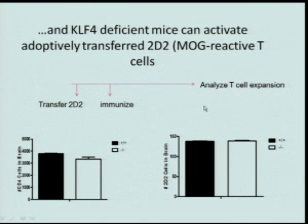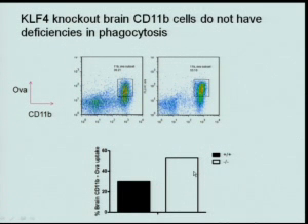This removes the variable that both the APCs and the T cells were knockout in the previous experiment. After transferring the 2D2 T cells, immunizing, and analyzing the number of 2D2 cells that became activated and migrated to the brain, there was still no difference in either the wild type or the knockout mice.